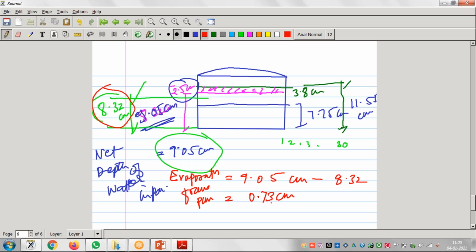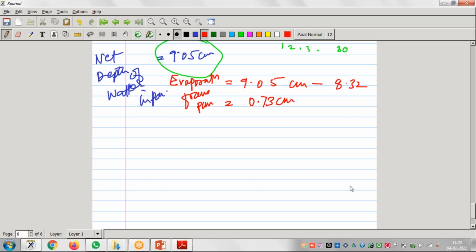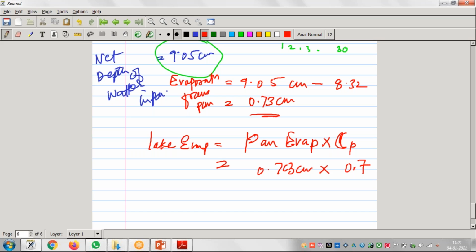It will be 0.73 centimeter. Now we know that the lake evaporation is equal to pan evaporation multiplied by the pan coefficient, that is Cp.